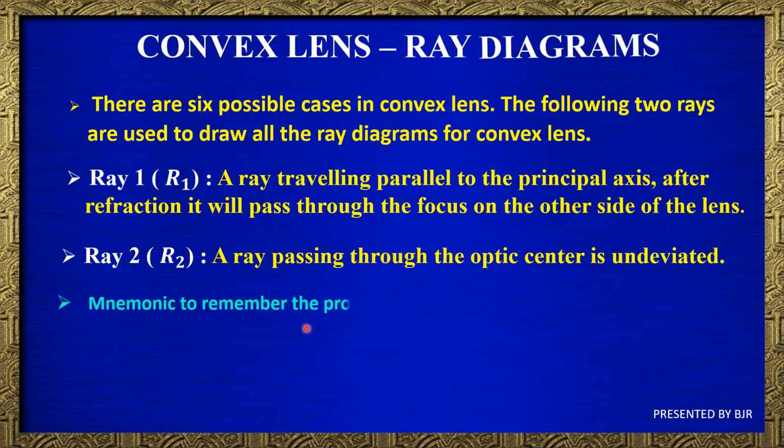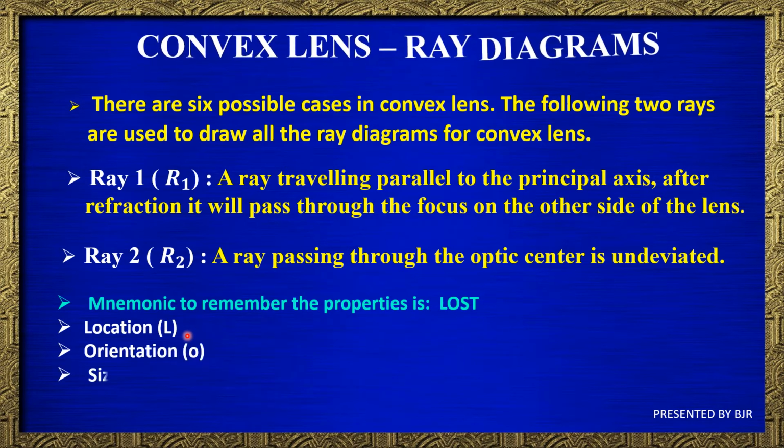L means location, that means where the image is formed. Orientation means is the image inverted or erect. Size means is the image magnified or diminished. Type means is the image formed real or virtual. So in each case I am going to write the properties of the image formed in this order only.